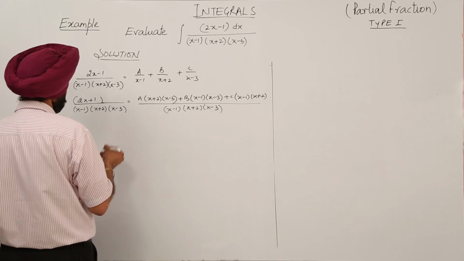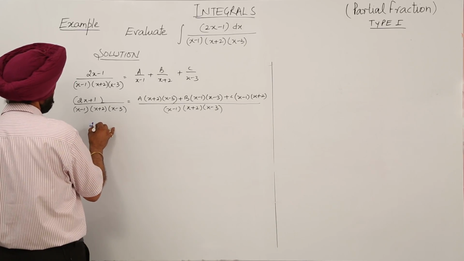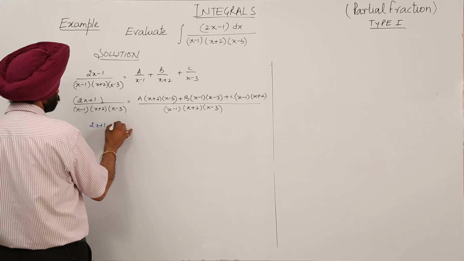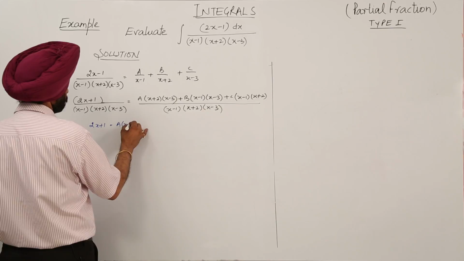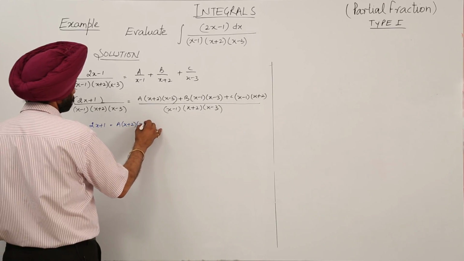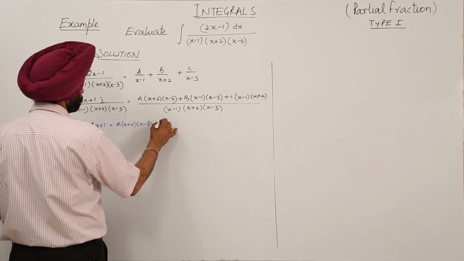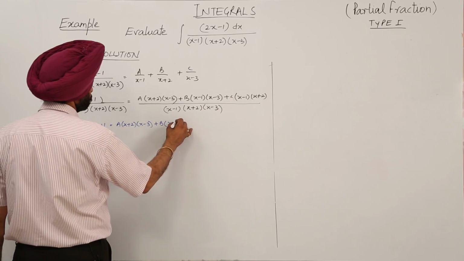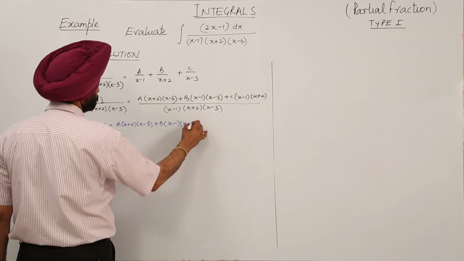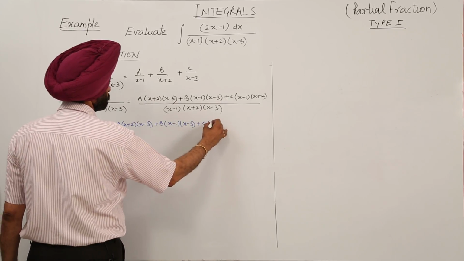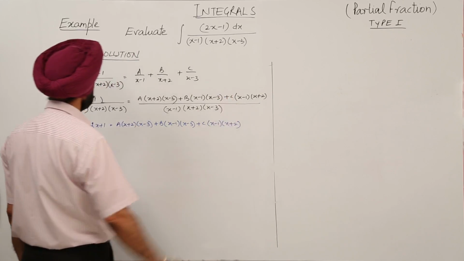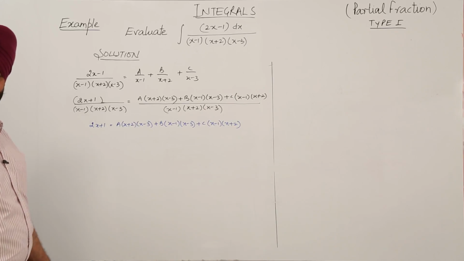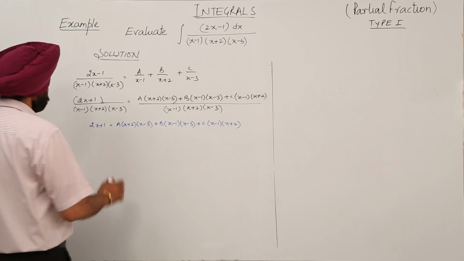Now what we are having, 2x + 1 is equal to A(x + 2)(x - 3) + B(x - 1)(x - 3) + C(x - 1)(x + 2). Is it clear?